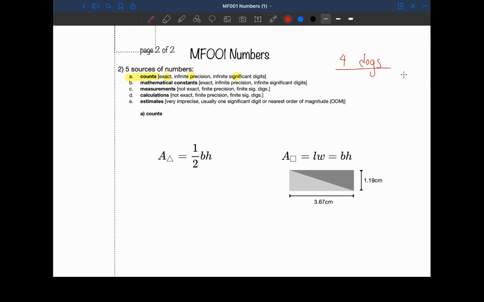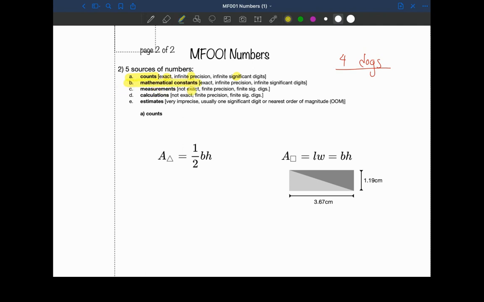So 4 in this case has an infinite number of significant digits. And although the concept of significant digits you were introduced to in chemistry, you didn't come across this way of looking at significant digits. And you will see throughout the course, or we'll focus on this all year, why this is important. The second source of numbers are mathematical constants.